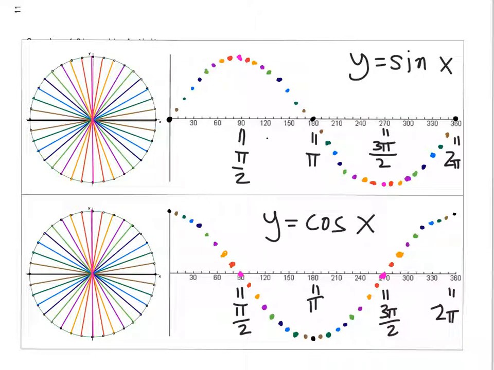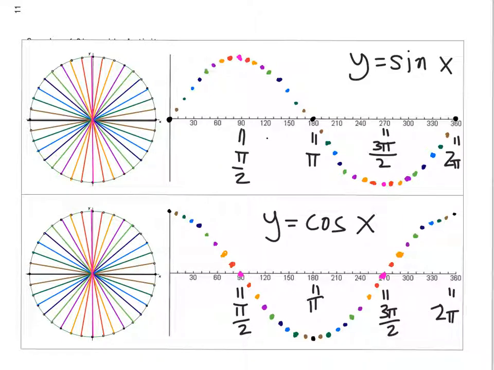So in order to plot these graphs of the parent functions y equals sine of x and y equals cosine of x, it'll be helpful to refer back to the values in the unit circle. And here's this graphic that you've seen before.